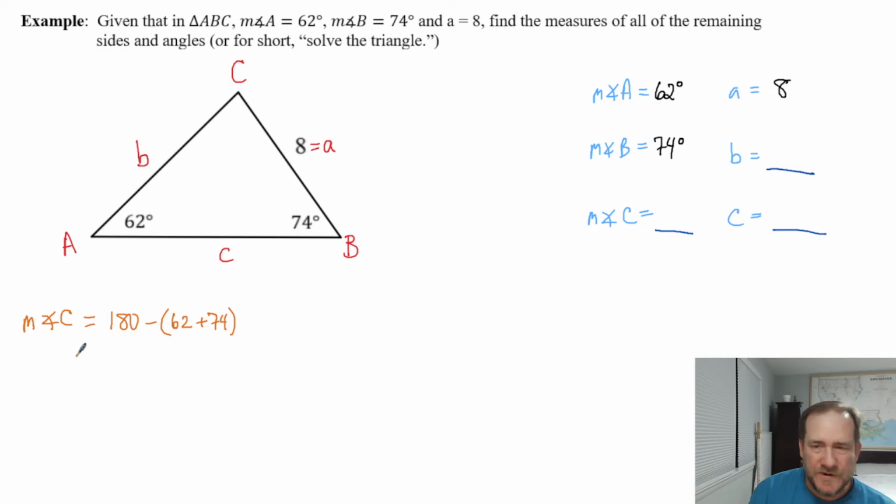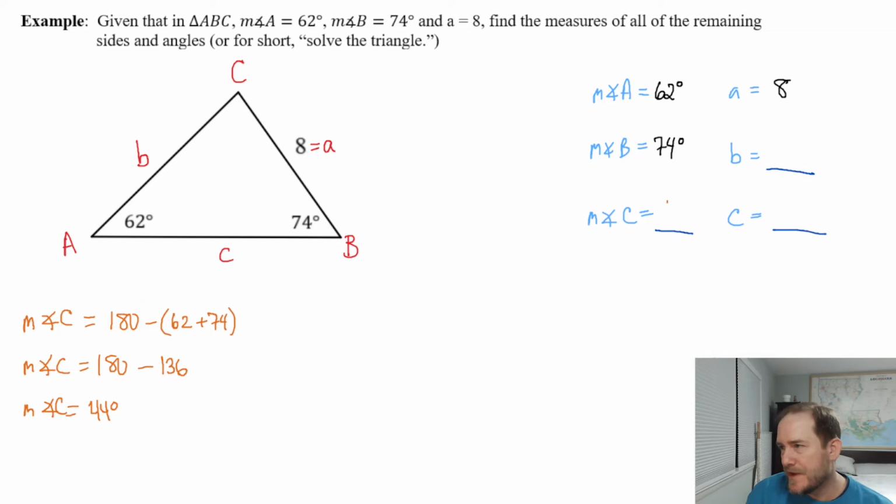Yes, you do need to be showing work for this, even though it's kind of simple. Of course you have to show work to justify your answers. But this would be 180 minus 136. So if you subtract that, you'll be left with angle C, 44. So we can fill that in. All right, that's one measurement down. Just a couple to go.